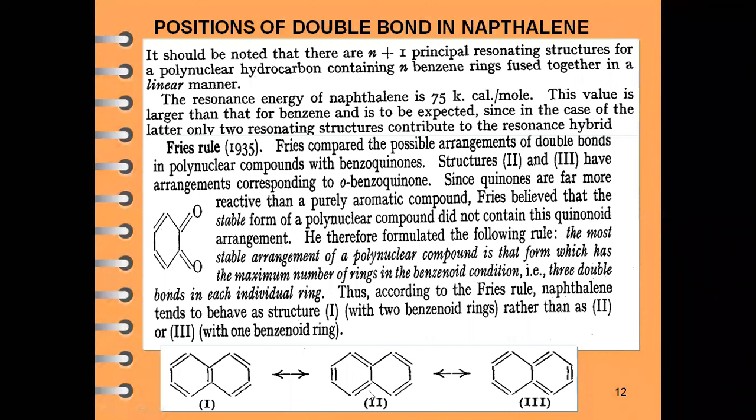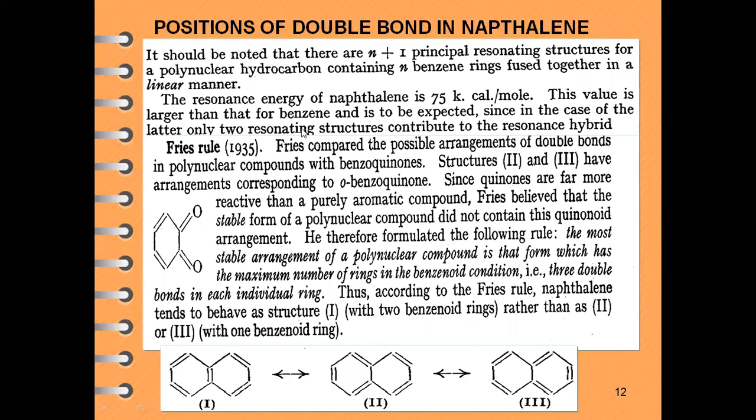But out of these 3, one resonating structure is more contributing, more stable, and this is confirmed by Fries. Keep in mind what I am going to discuss with you. Yesterday we have discussed there are 3 resonating structures for the naphthalene.